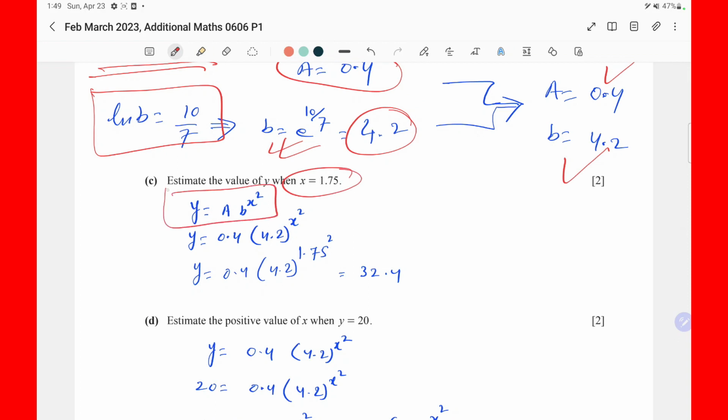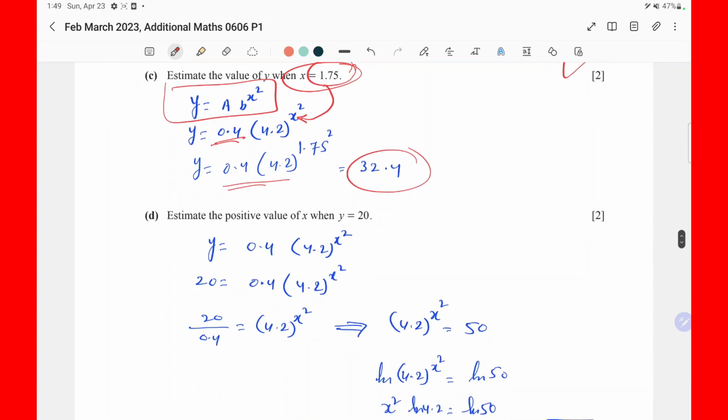So this was my y, which is a times b to the power x square. We already found a is 0.4, and b is 4.2 to the power x square. Now I have to put x as 1.75 over here. So 0.4 times 4.2 to the power 1.75 whole square. Just use a calculator, you will get 32.4.